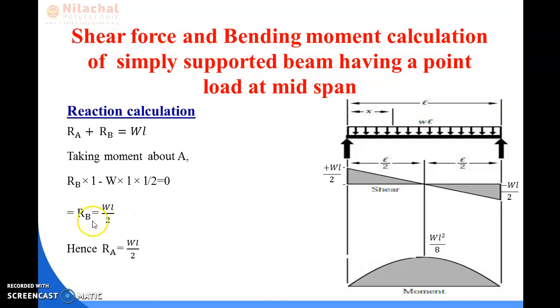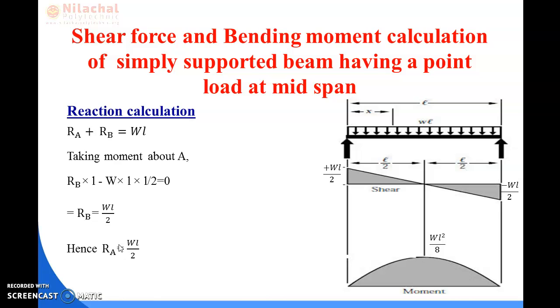So if we got the value of RB, then we can easily calculate the value of RA also, because the total value of reactions is equal to WL and RB we got WL by 2. So your RA value will be WL minus WL by 2, by which we can get WL by 2, which is the value of RA.